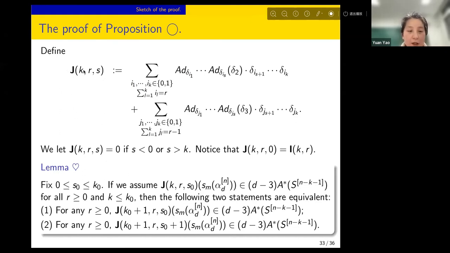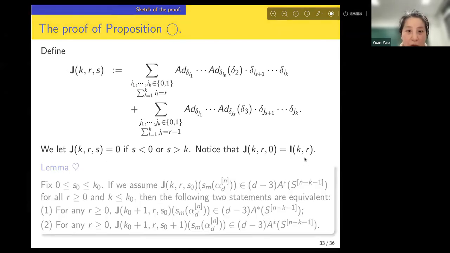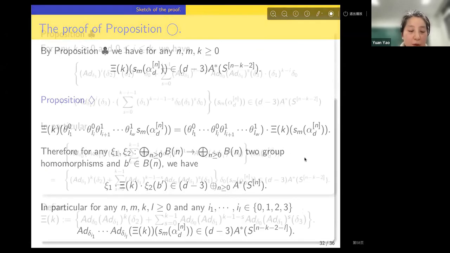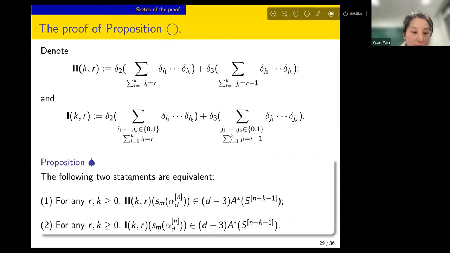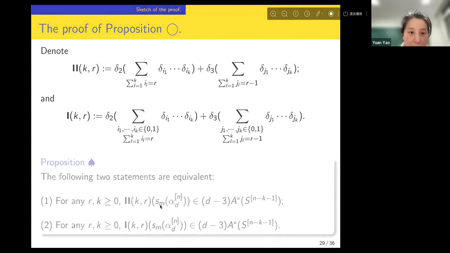Here, J_KRS, when s equals 0, is exactly our I_KR. So I_KR is what we want to prove in proposition circle, so the two statements are equivalent, and the first statement is exactly in the proposition circle.